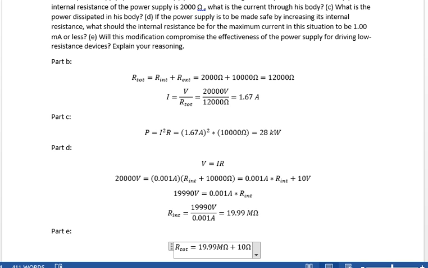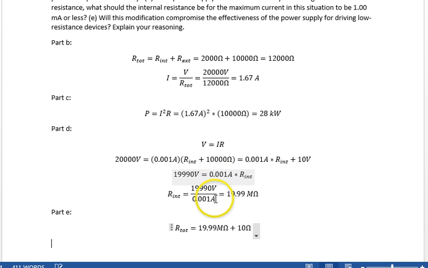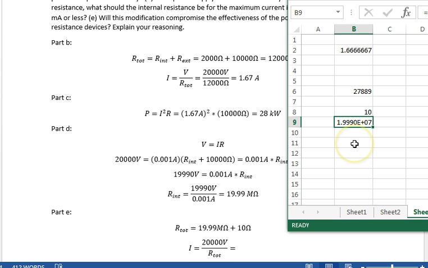The current is then the 20,000 volts divided by our total. If we just take this plus 10, we really make no difference at all. And 20,000 volts divided by that gives us a current on the order of a milliamp, 1 times 10 to the minus 3, which is what we were after.